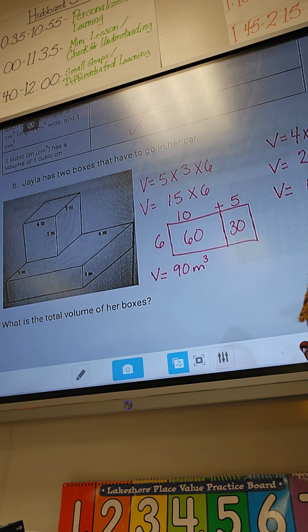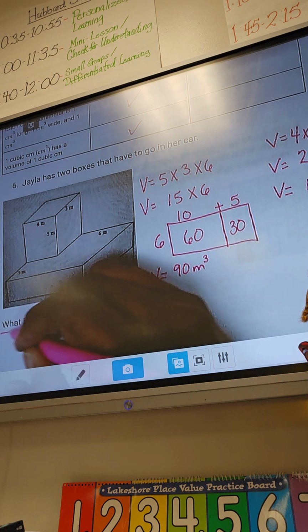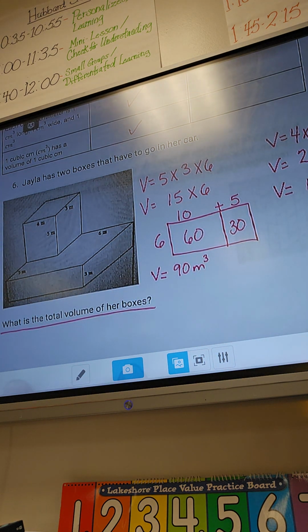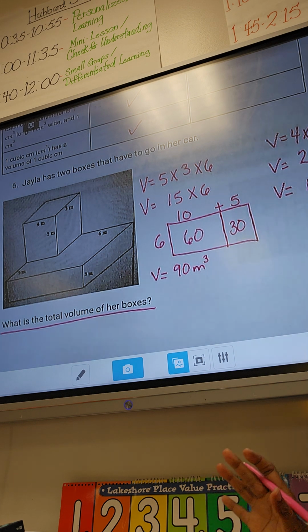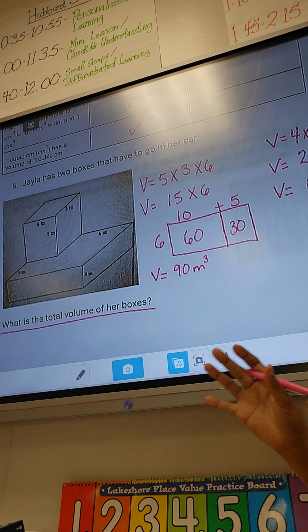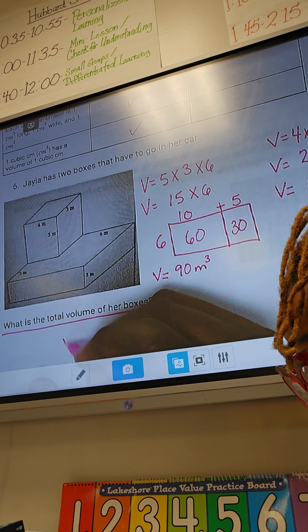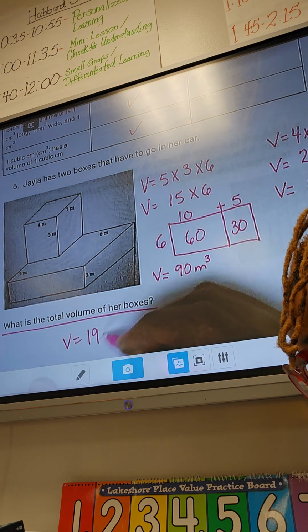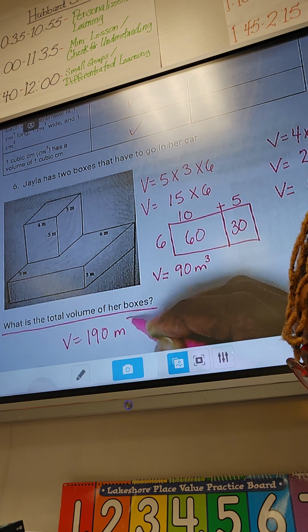So my answer is volume equals 100 meters cubed. But my question says, what is the total volume of her boxes? Which means I need to what? Add both. And I don't really need to put it on my paper because I have mental math skills. 100 plus 90 equals 190. So my volume equals 190 meters cubed.